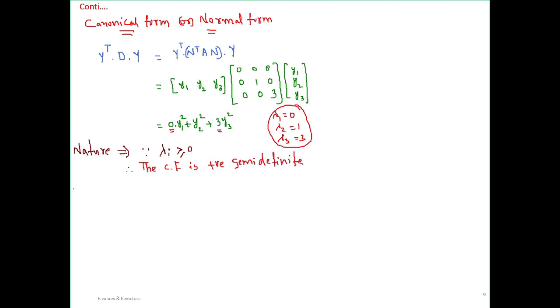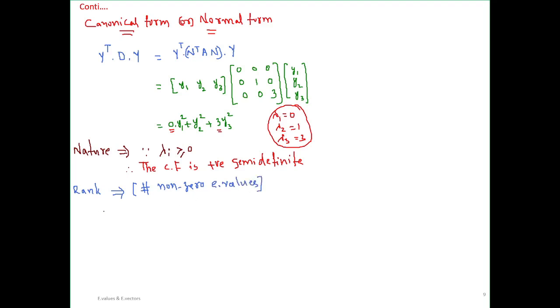Next, I am supposed to find the rank of the canonical form. How to find rank according to definition? The number of non-zero eigenvalues. What does non-zero mean? Non-zero means negative eigenvalues also will come, except 0, so positives and negatives. The number of non-zero eigenvalues is nothing but the rank.